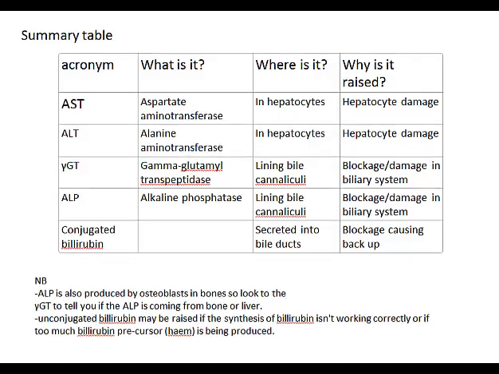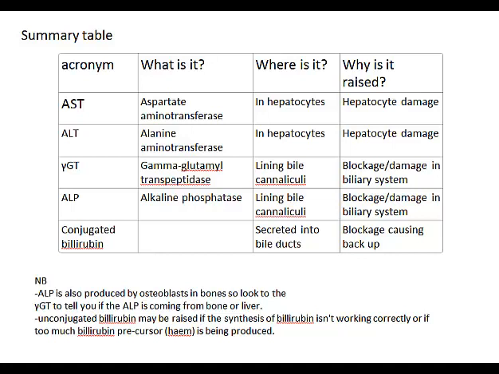The second point is that in this podcast we've only talked about conjugated bilirubin. You can get a raised level of unconjugated bilirubin in two situations. Firstly, if the conjugation of bilirubin within the liver isn't working correctly, so that can happen for things like hepatitis or enzyme defects.